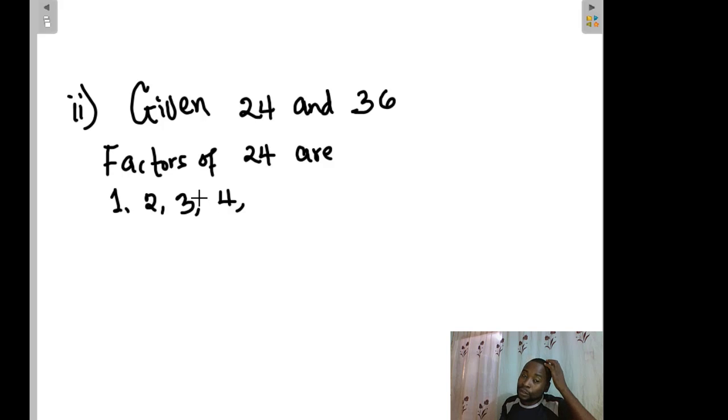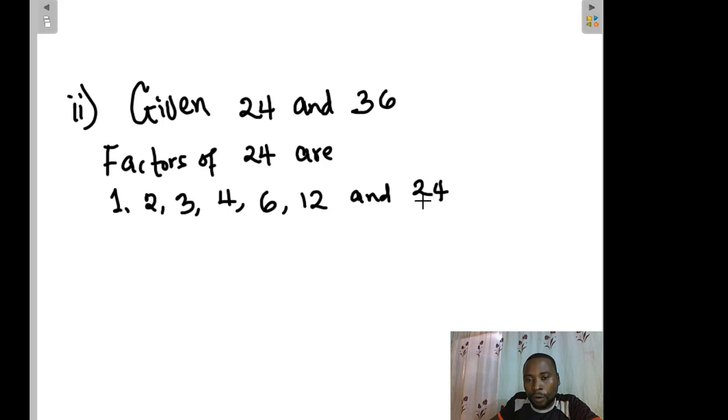Now, remember, all the factors of 12 are also factors of 24, okay? Because 12 itself is a factor of 24. So all the factors of 12 are factors of 24. So 4, 6, remember, 12, and 24.